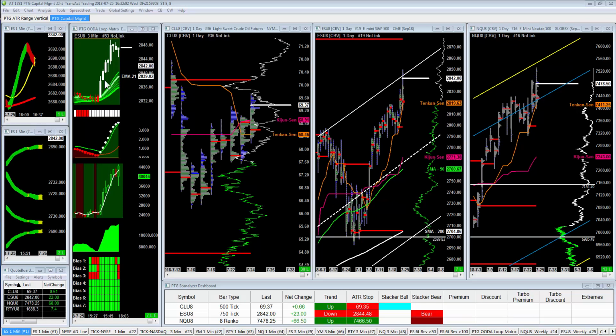Now, in this particular chart setting, this is very new to us here in July 2018. And what I have done is I've put together a matrix grid down the bottom, which is where it says bias 1 through 7.